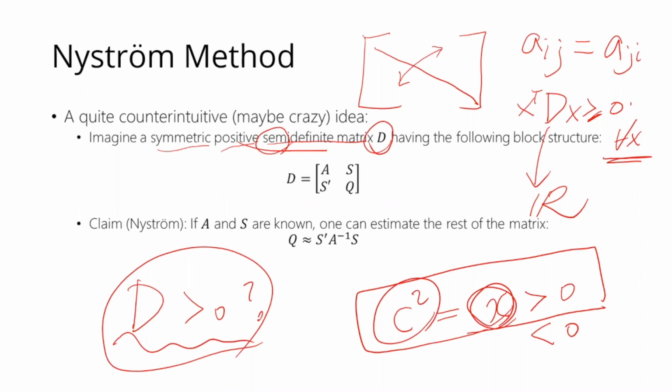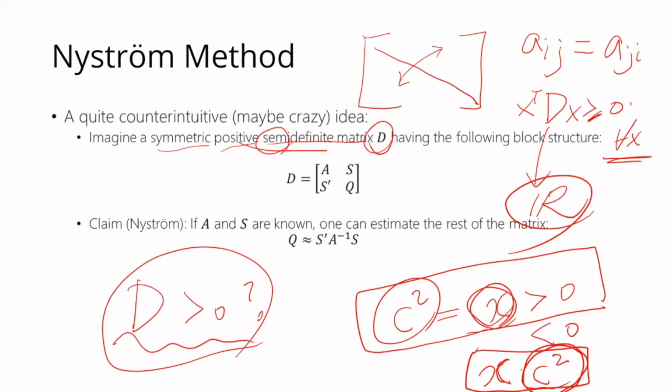So one idea here is, in the case of a scalar, when you multiply some unknown real number by the square of some constant, by default we know that the square of a constant is always positive.